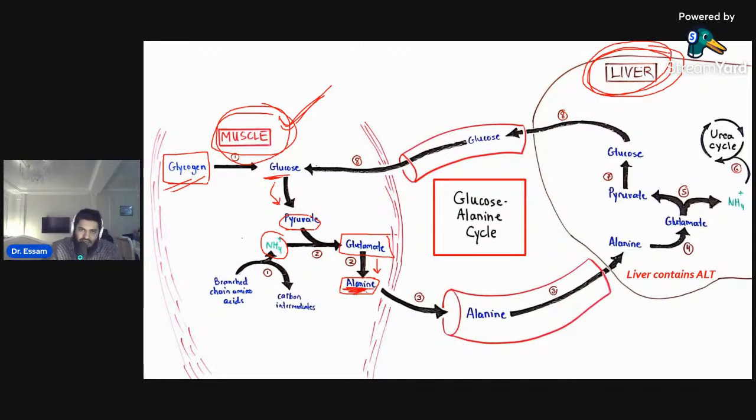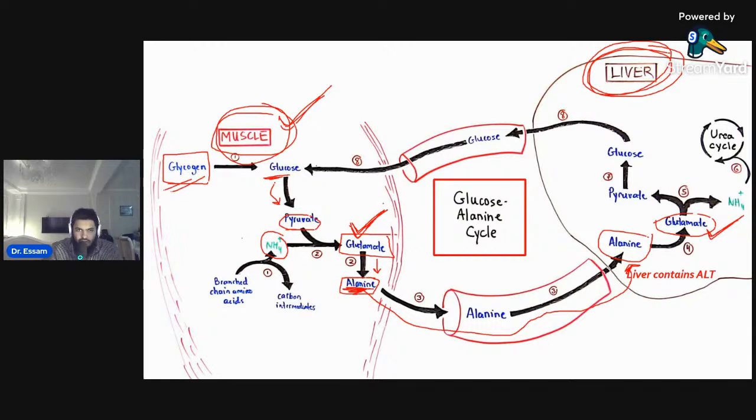Now, this alanine will leave the muscle. Through the blood, it will go to the liver, and in the liver, this alanine will again convert to glutamate. So, just see, glutamate is present here also, and glutamate is present over here also.